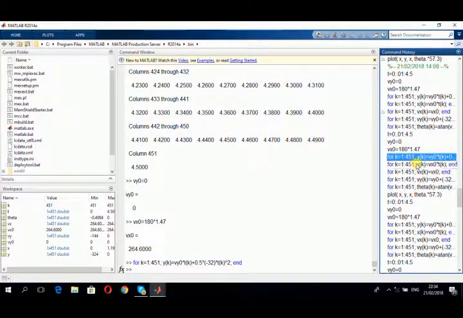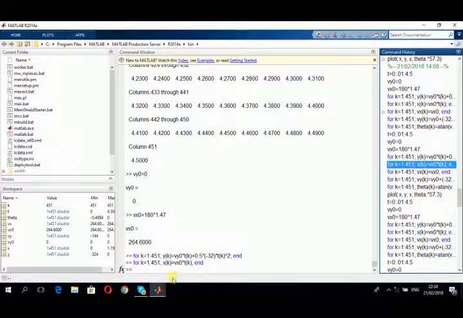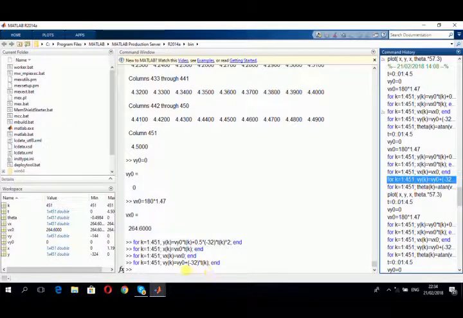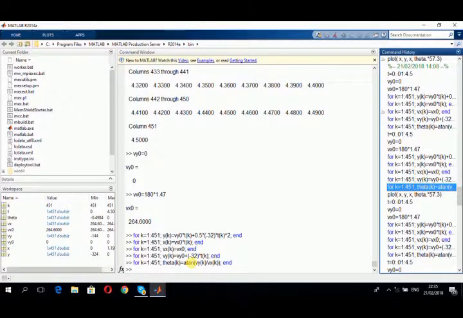Let's move down. This equation represents the horizontal displacement of our projectile, this one the horizontal velocity, this one the vertical velocity, and the last one represents theta, the tangent angle at any point on the path, as shown in the last session on the whiteboard.